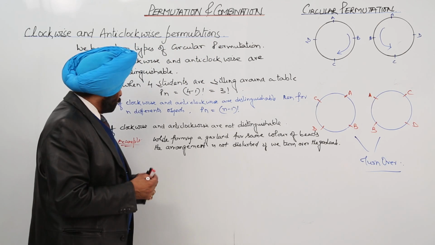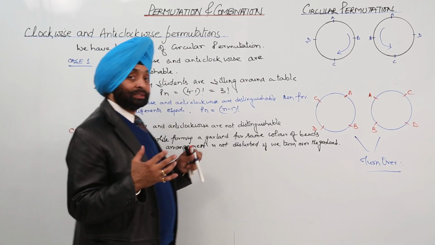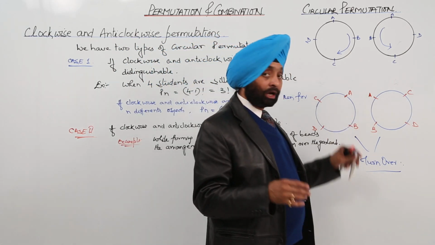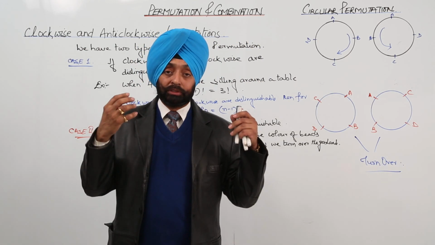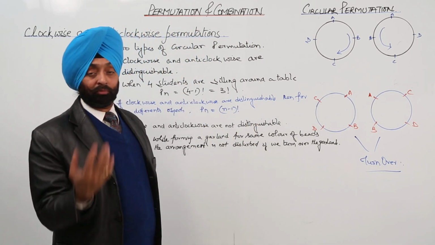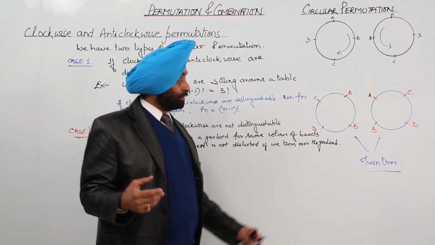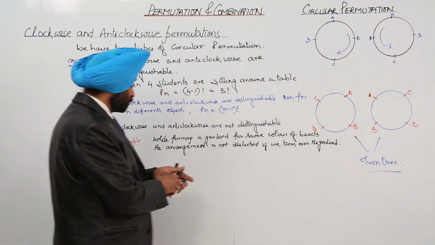Okay. So, if clockwise and anti-clockwise are not distinguishable, now the colors are same. Now, I have not taken example for 4 students. Now, I have just taken 4 or 6 color beads of the same size, same color. Okay. So, suppose here it is a, now I am having these 2 pens.